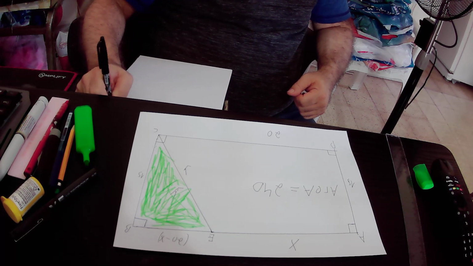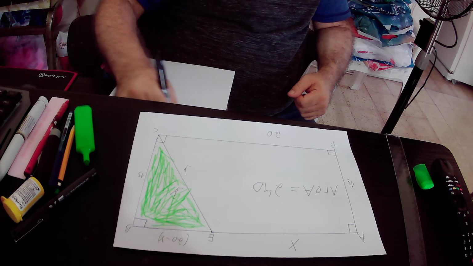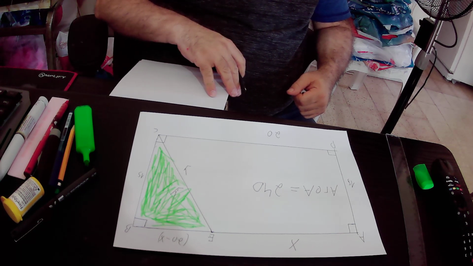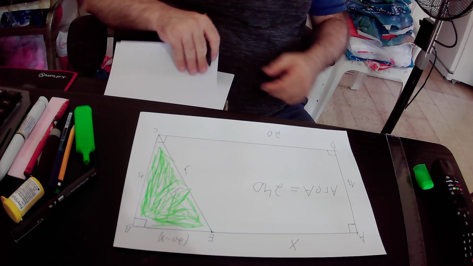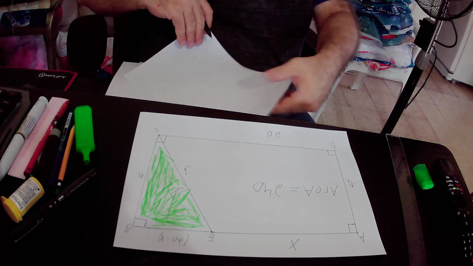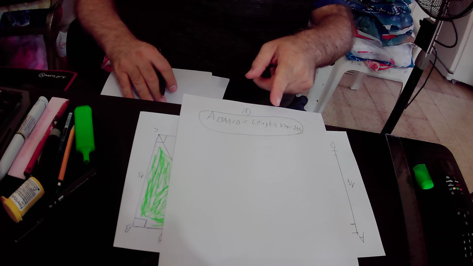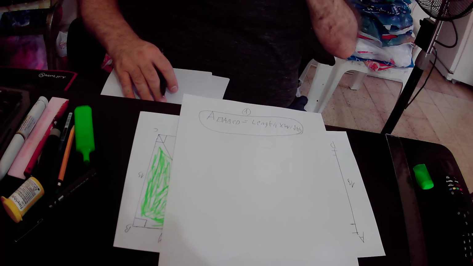Okay, so the formula for the area of any rectangle is the length times the width.